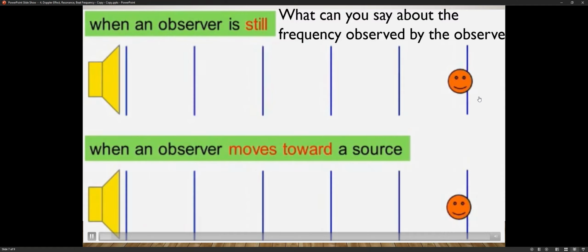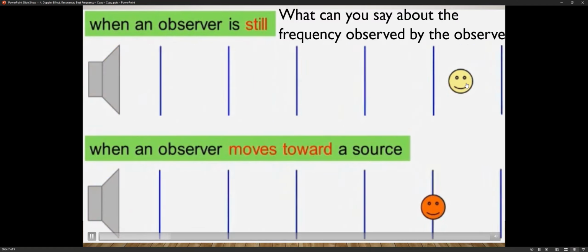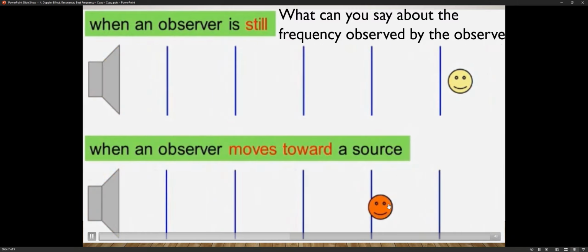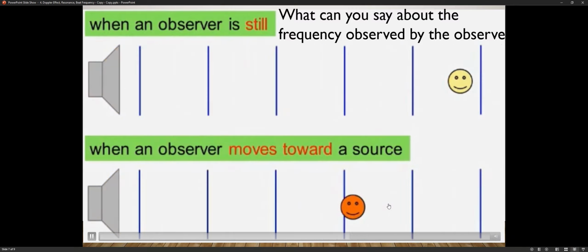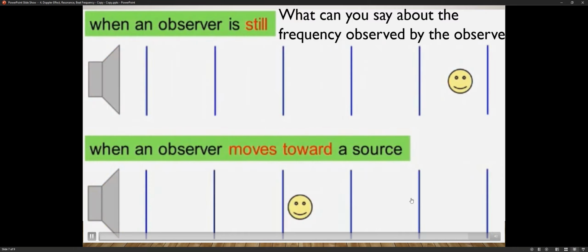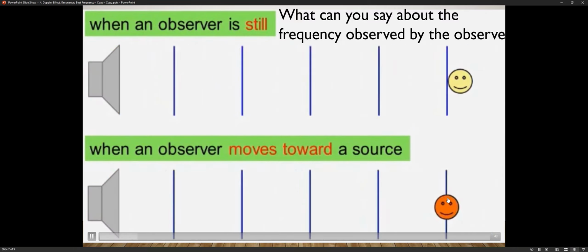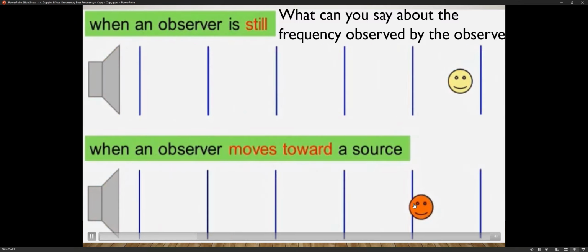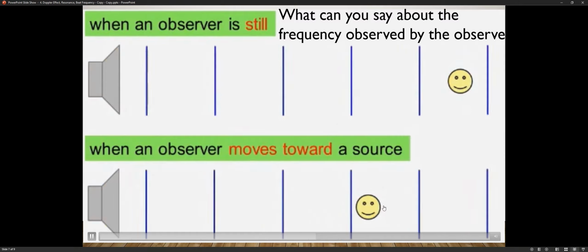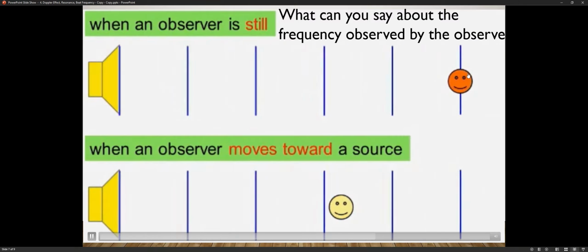What do you notice? Again, the smiley faces light up when the sound waves hit the observer. You'll see that at the bottom, when the observer moves towards the source, more sound waves are reaching this observer per second than the observer standing still.